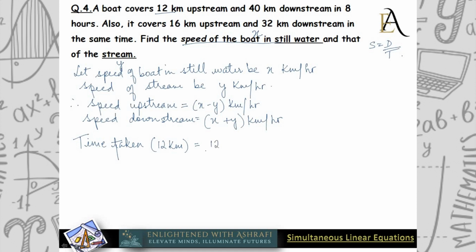Distance is 12 upon speed, that is x minus y hours, and time taken for 40 kilometers. Now this is downstream, so it's going to be 40 upon x plus y hours.